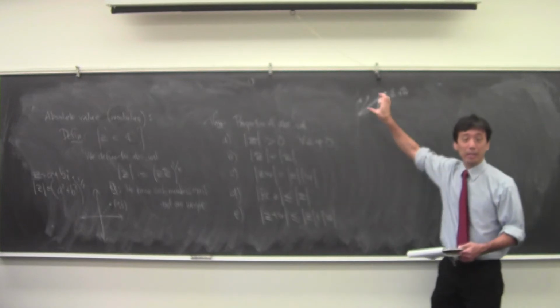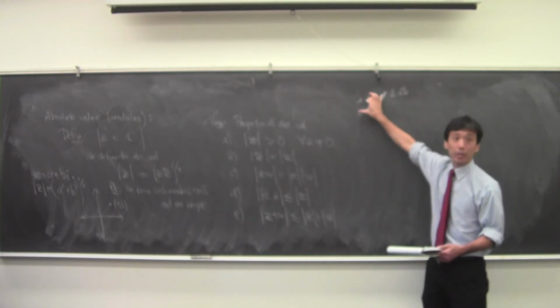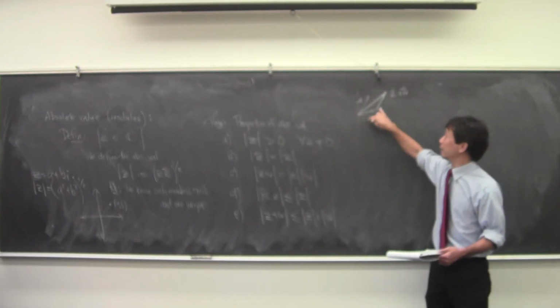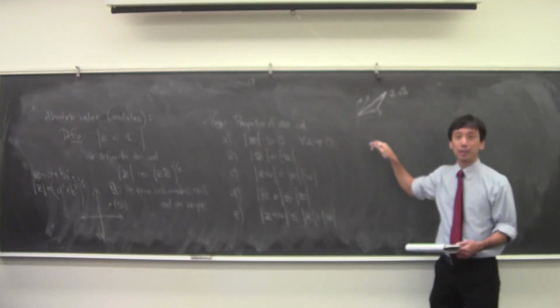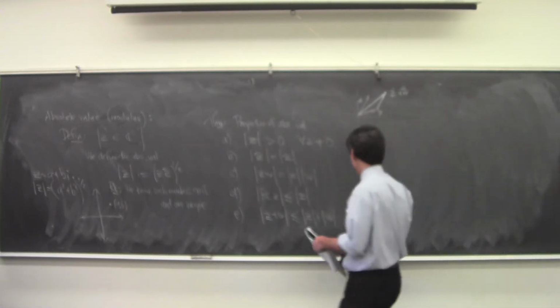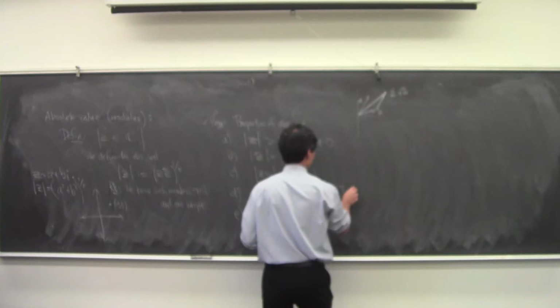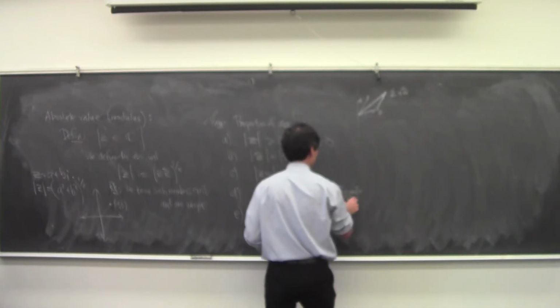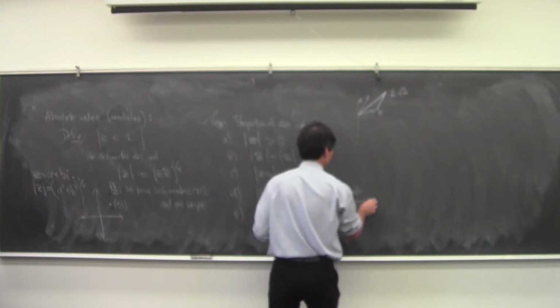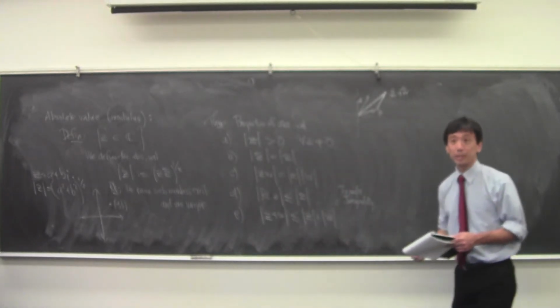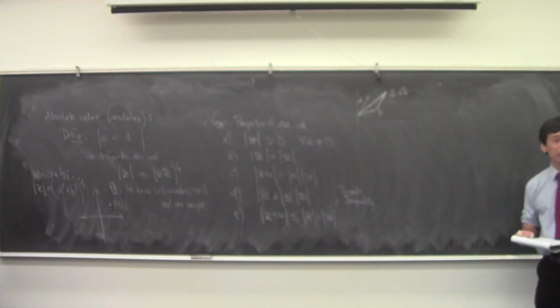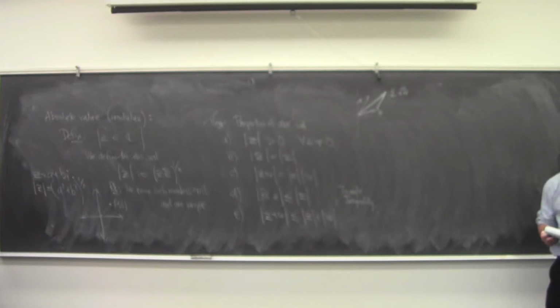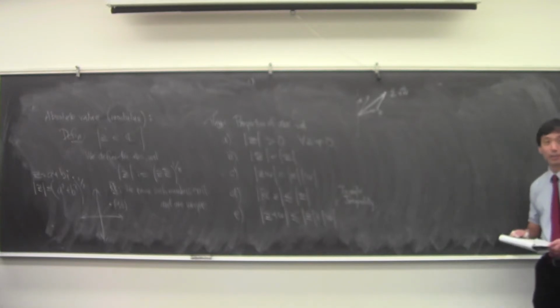In other words, the length of one side of a triangle is dominated by the sum of the lengths of the other two sides. So this is the triangle inequality, which will be very useful. It's something that you use all the time in analysis. So we'll see a lot of it.